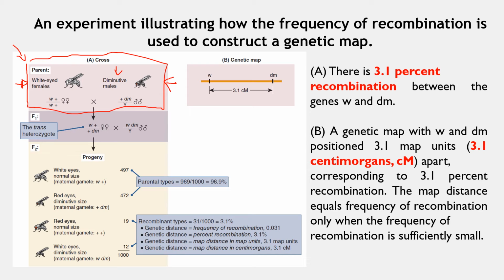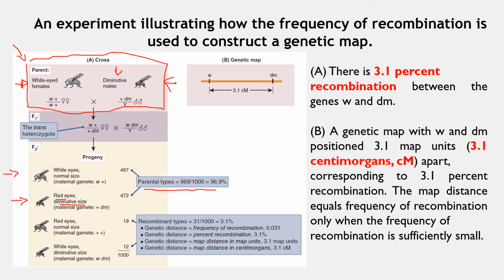And look here, you have the results: you have parents, and the parental types are here again: white eyed with normal size, and here normal eyes and diminutive size.